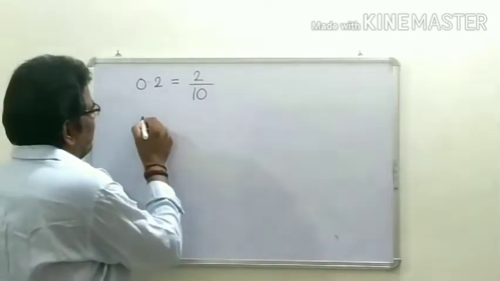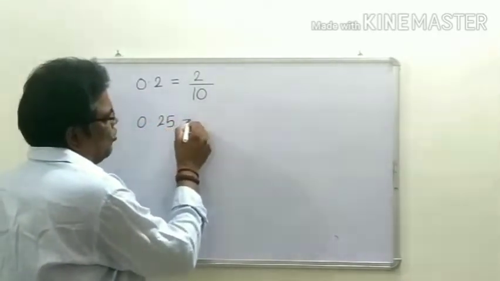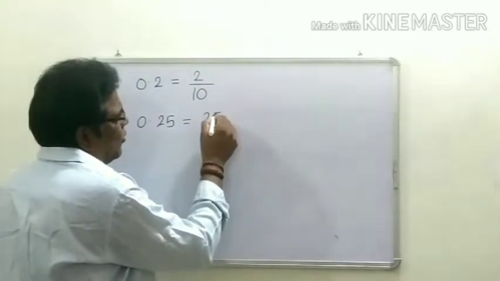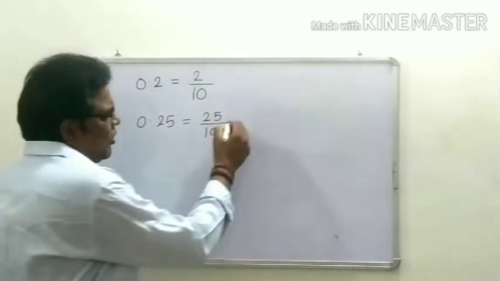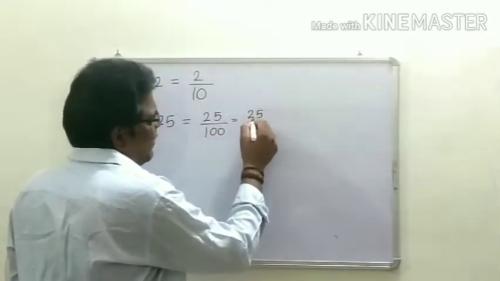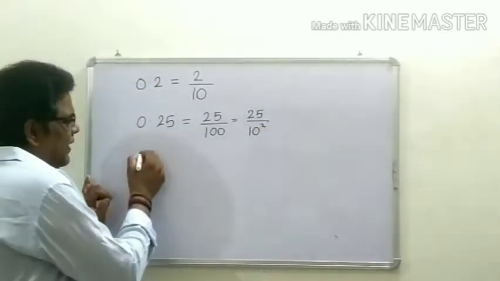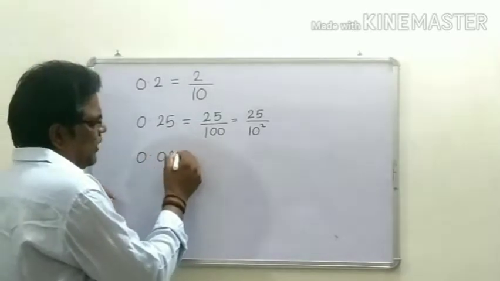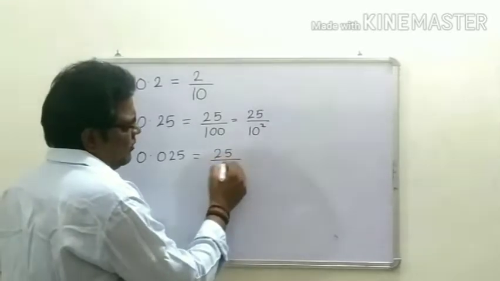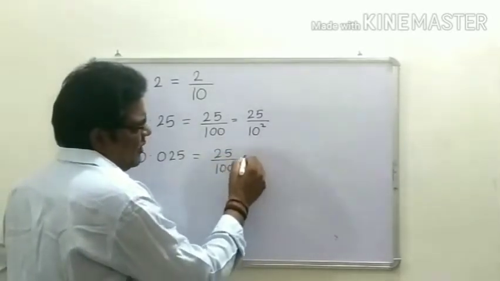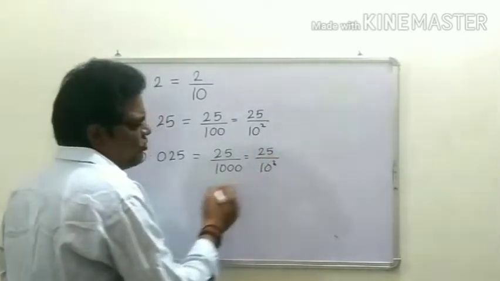Now if you have 0.25, this you can write as 25 upon 100, or you can say that it's 25 upon 10 power 2. If I give you 0.025, that means it's 25 upon 1000, that is 25 upon 10 power 3, and so on.